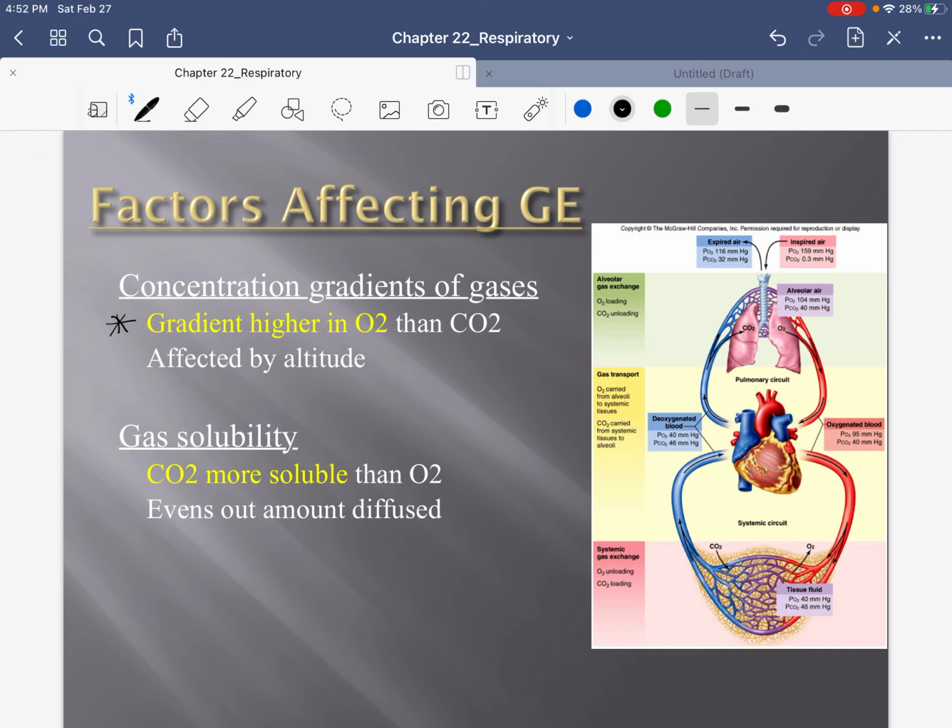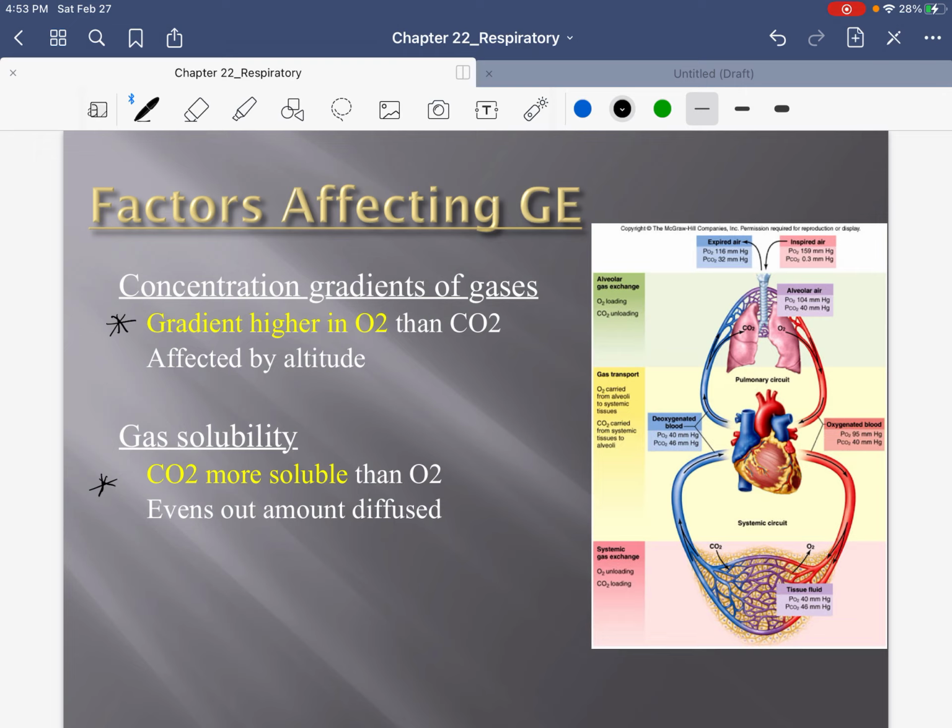Even though both have a concentration gradient and are soluble in water, oxygen benefits from a higher concentration gradient. It's not as soluble compared to carbon dioxide, but carbon dioxide is much more soluble in water than oxygen. So this means that the exchange of gases more or less evens out.